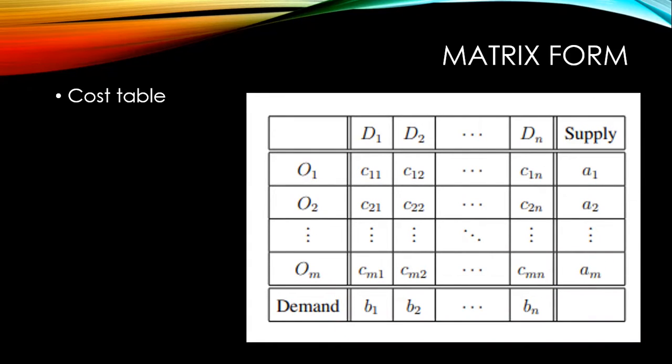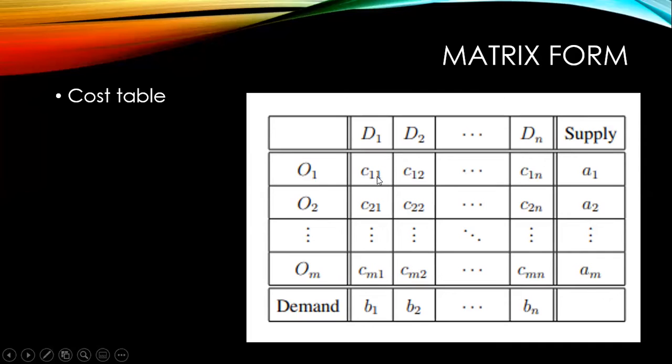The input data of a transportation problem can be represented in the form of a matrix where rows represent m sources and columns represent n destinations. The cost of transporting a single unit of product from the first source, O1, to the first destination, D1, is C11.